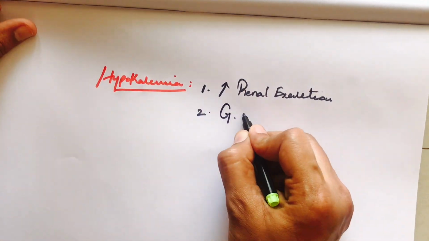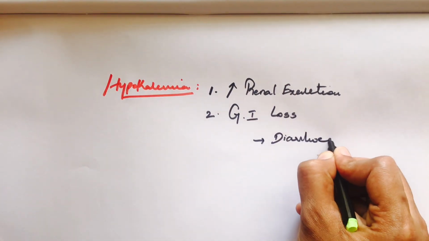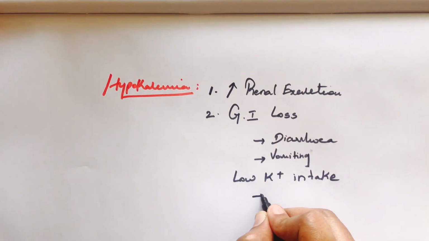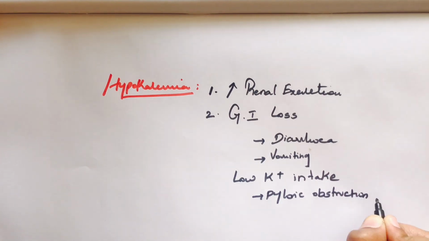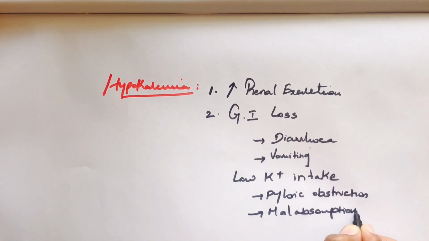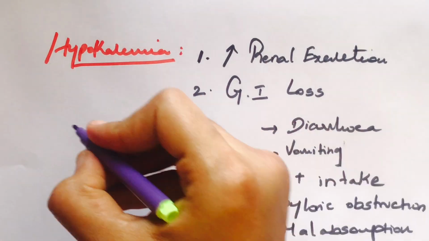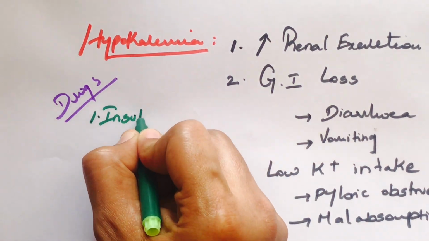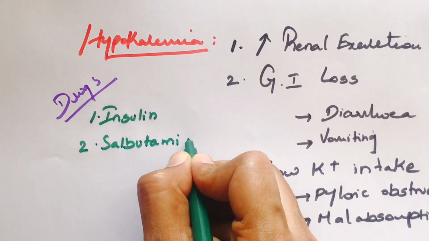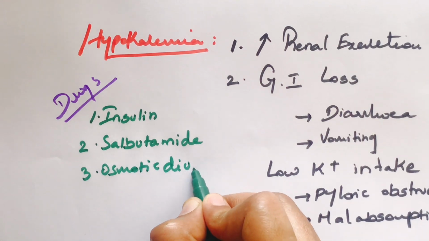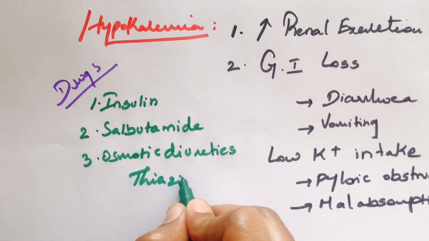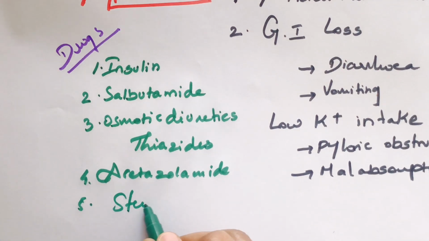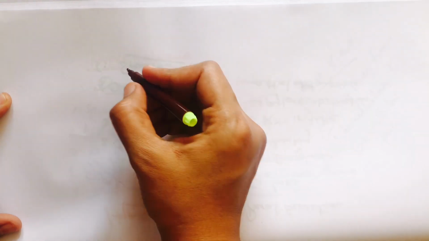When there is increased renal excretion, gastrointestinal loss during severe diarrhea and vomiting, and when there is low potassium intake in case of pyloric obstruction or malabsorption, and drugs which cause hypokalemia are insulin, salbutamol, osmotic diuretics, acetazolamide, and steroids.